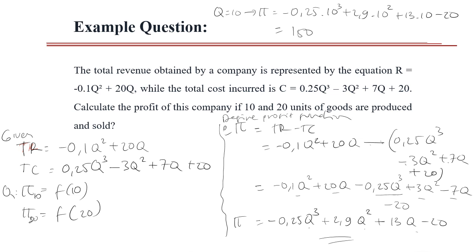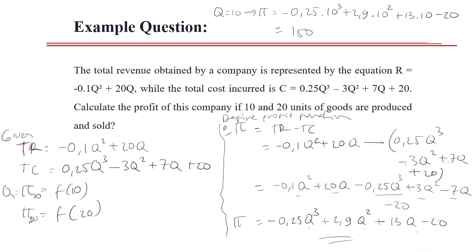Now collect for each variable. So you have here the q cubic, then q quadrat is minus 0.1 with 3q quadrat, which gives you plus 2.9q quadrat. 20 minus 7 is plus 13q minus 20.